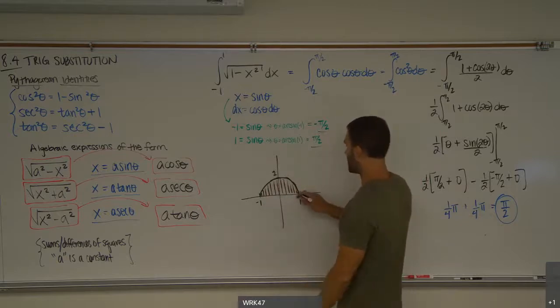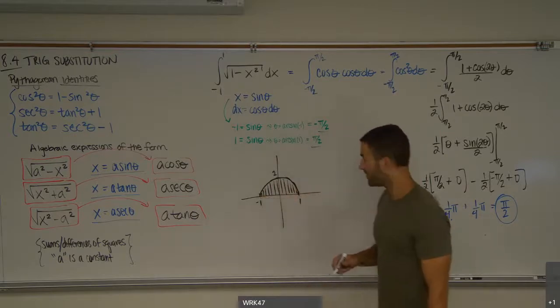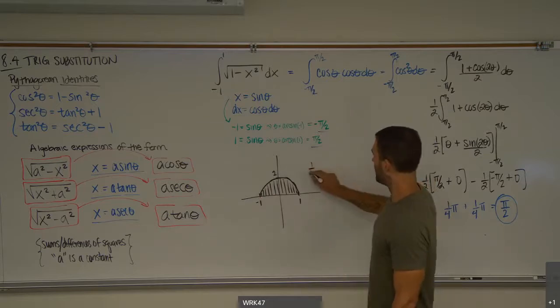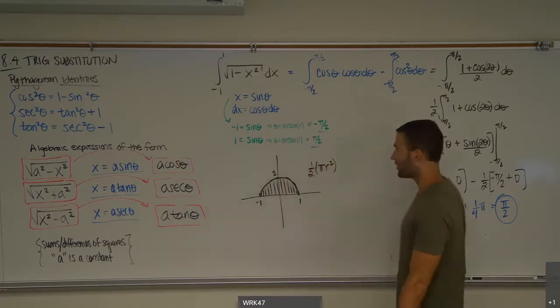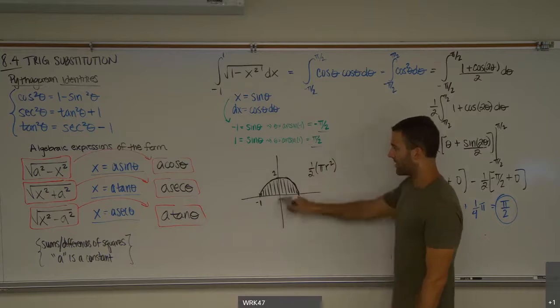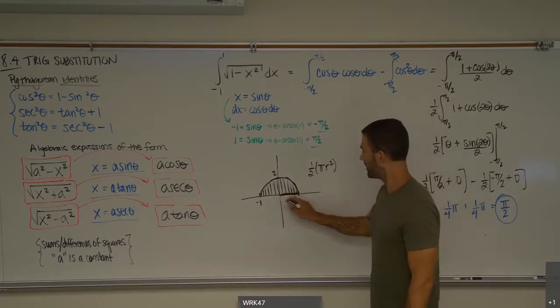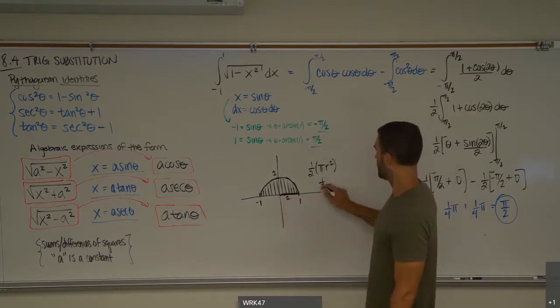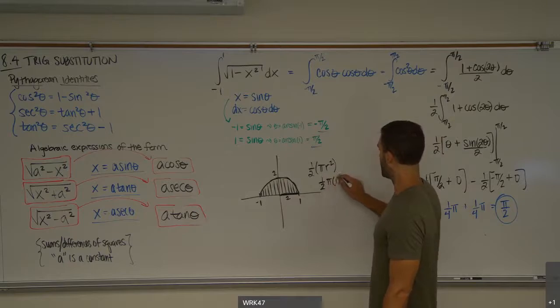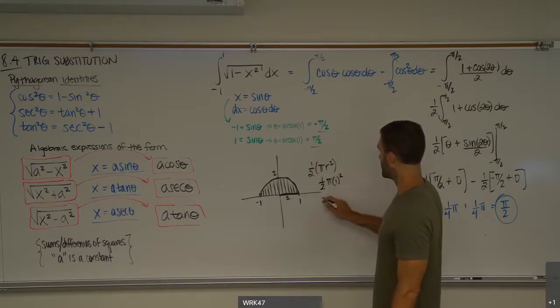Well, those are the bounds of this semicircle. So that's just half of a circle. So that would be half of pi r squared, right? Half of the area of the circle. What's my radius of the circle? 1. So that's half of pi times 1 squared. Or, well, 1 squared is 1, so half of pi, or pi/2.